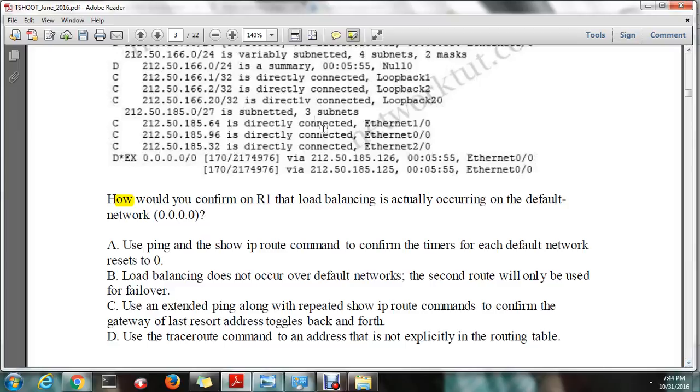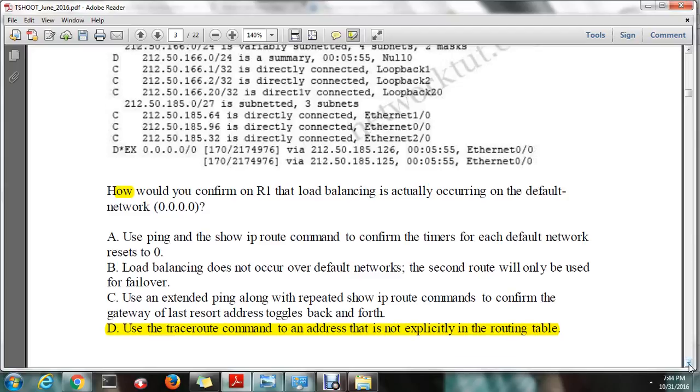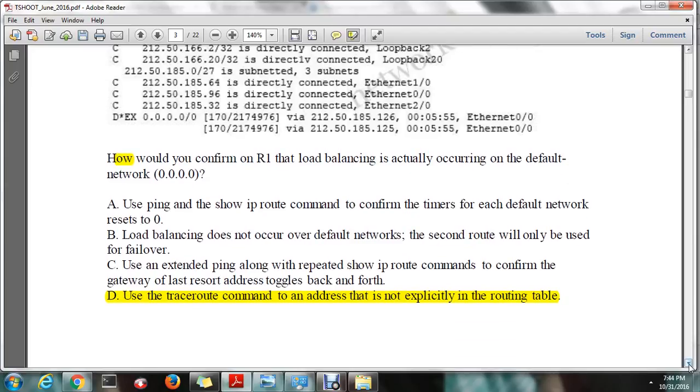So this command is helpful to check whether load balancing is occurring or not. This is the best command to check load balancing. This is the right answer among the given options.